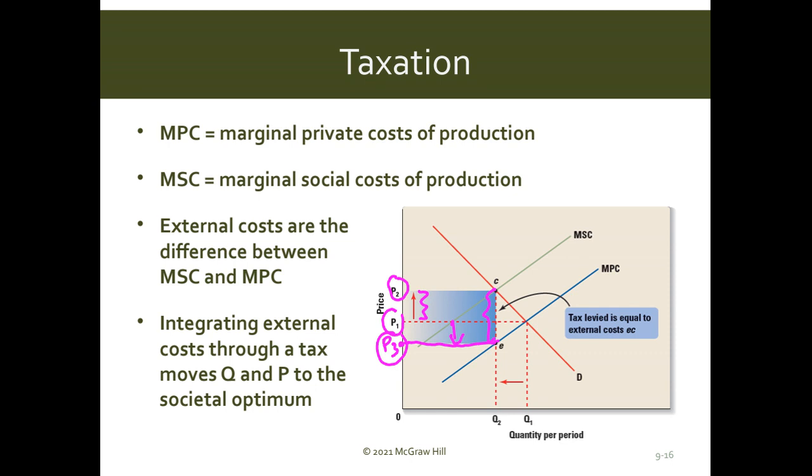With the imposition of a corrective tax, notice that output has gone down, from Q1 to Q2. So production has gone down. And remember, in the earlier diagram, I showed you that this Q2 is the allocatively efficient quantity. But prices are slightly higher, not P1 but P2, because of these external costs.